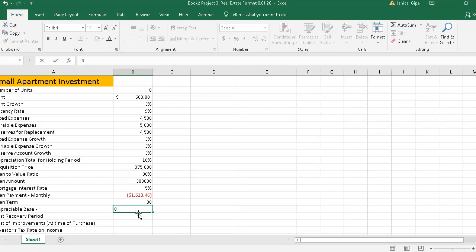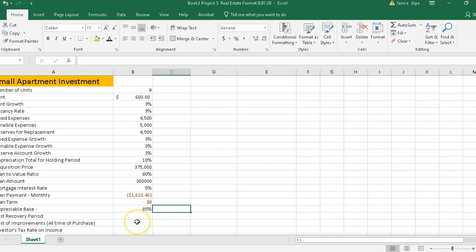And your depreciable base is 85%. So your depreciable base is 85% of the acquisition price.